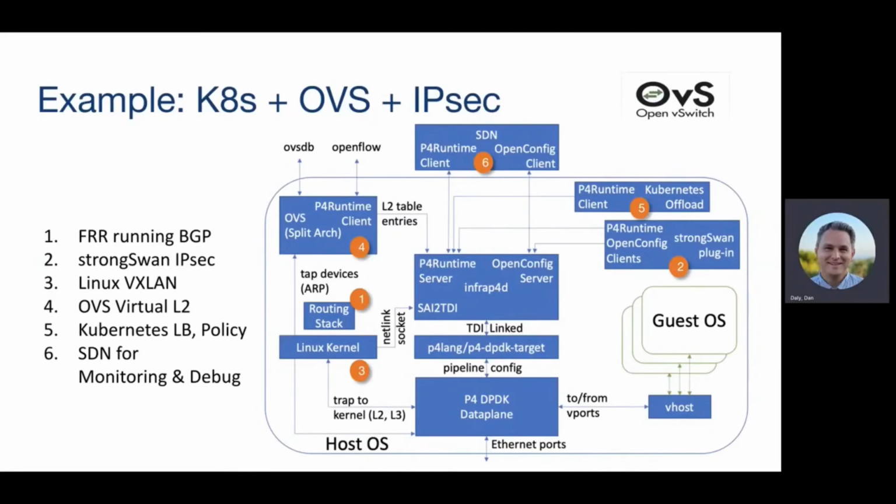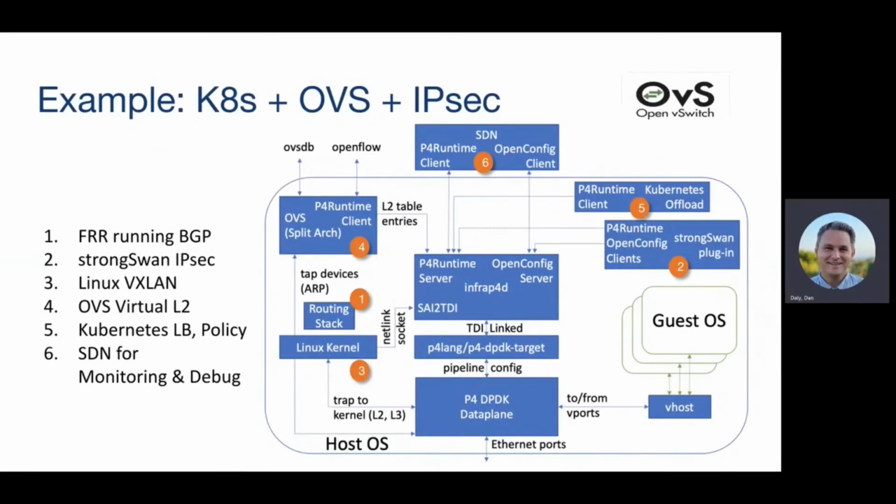And then the top half are all these P4 runtime clients that are all being arbitrated in this central piece called Infra P4D. Infra P4D, you'll see in the GitHub, is really just starting with Stratum and then adding some extra logic to be able to pull that netlink socket information from Linux.